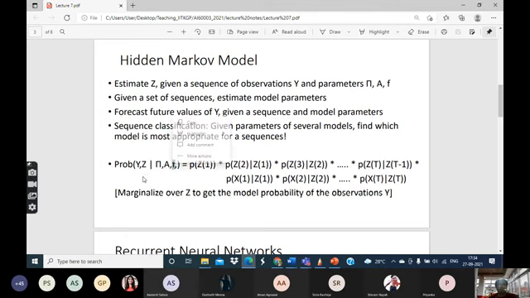It is that simple. The problem here is that we do not know Z. We know only Y as well as pi, A, F, but not Z. So what do we do? We marginalize. We calculate this thing for a given value of Z and then carry out what is known as marginalization.